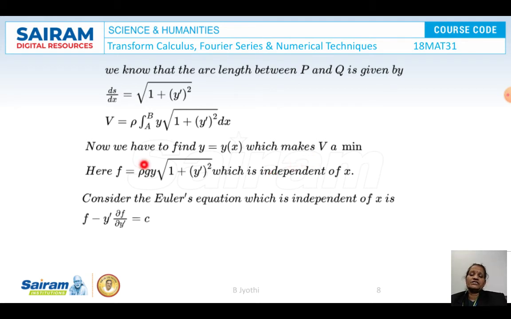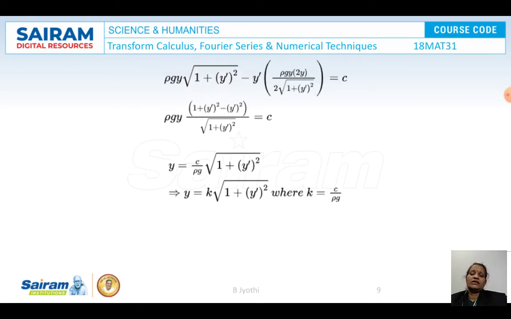Here f is given by rho g y root of 1 plus y dash square, which is independent of x. Now let's consider the Euler equation, which is independent of x. Then rho g y root of 1 plus y dash square minus y dash into rho g y into 2y dash divided by 2 root of 1 plus y dash square equals c.